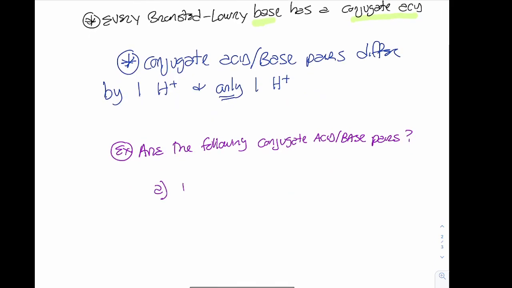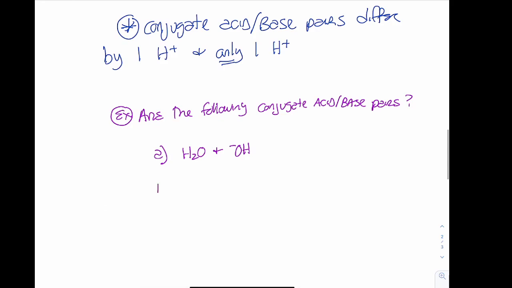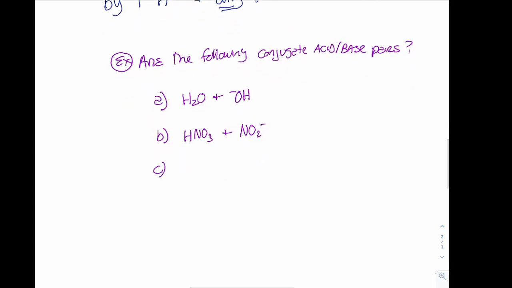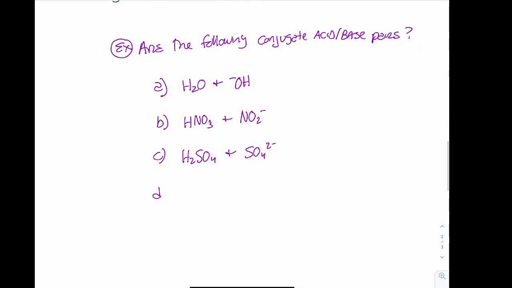So we can do water and hydroxide, HNO3 and NO2 minus, H2SO4 and SO4 2 minus, F minus and HF.